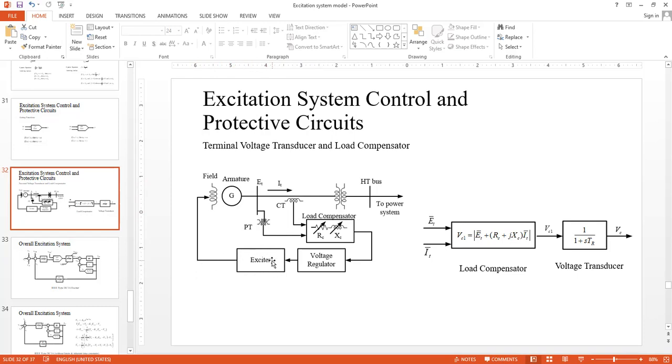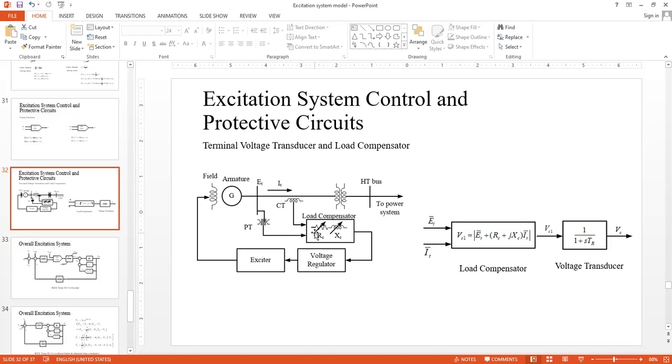And again, the deviation in exciter input is regulated by the voltage regulator over here. The input of the voltage regulator would simply be the output of the load compensator. And the load compensator is modeled by a series combination of RC and XC elements, where both of them are kept as variables.